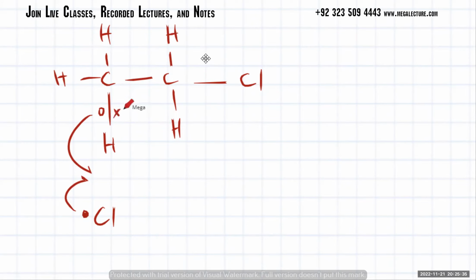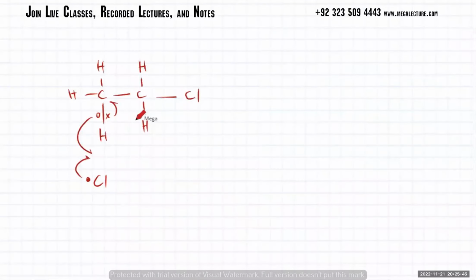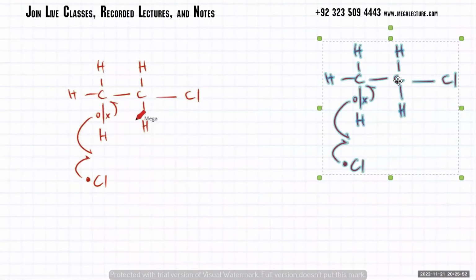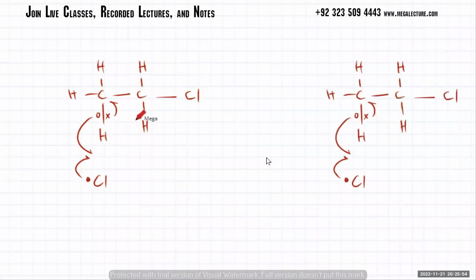Okay, so carbon gets its electron back. That's the first step. The molecule will go on to form HCl.